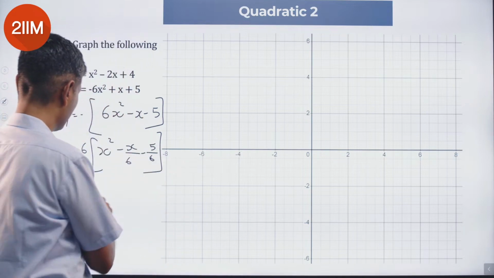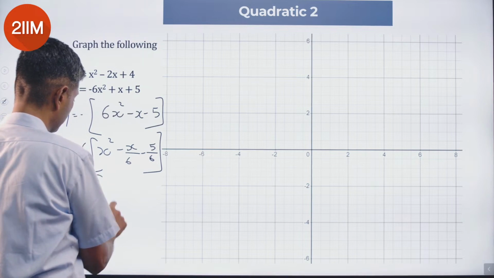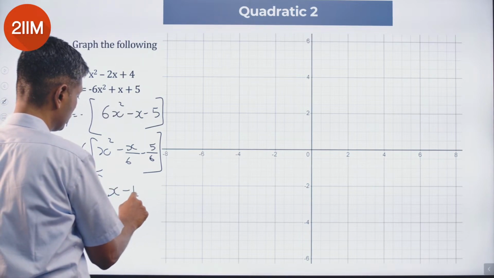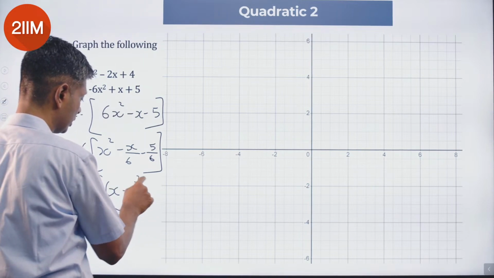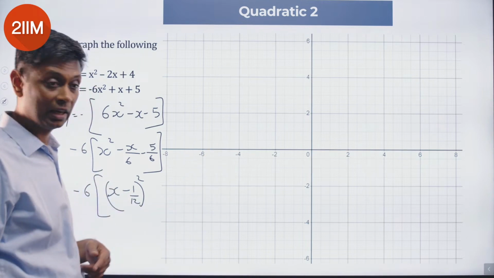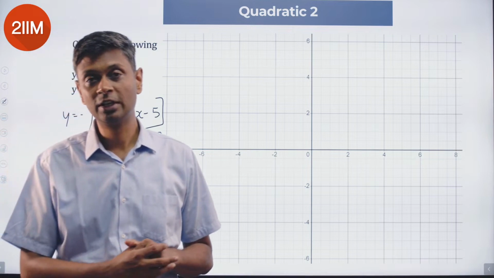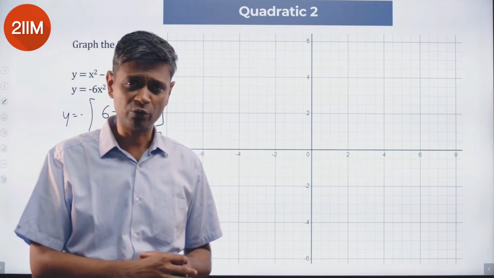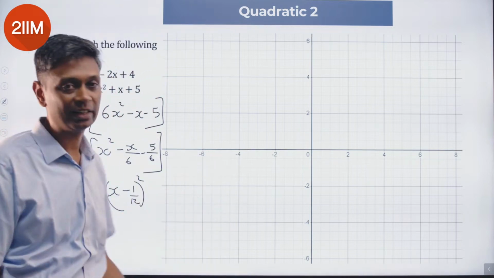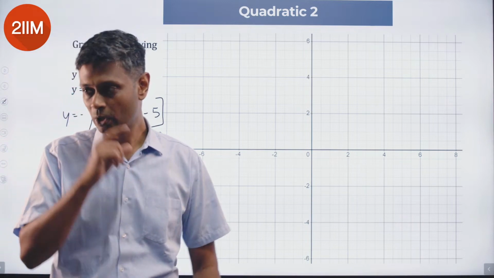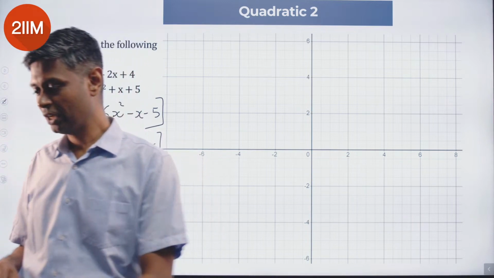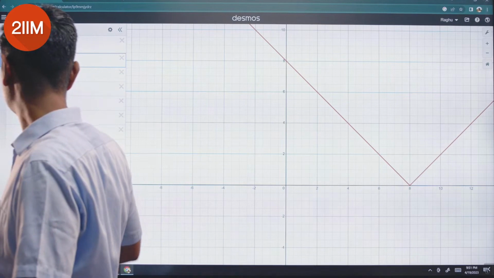You can imagine this as minus 6 times x minus 1 by 12 the whole square and a correction term. X minus 1 by 12 will have 1 by 144 with it, and then a minus 1 by 144 with it, and then I simplify it and reimagine it. And so I'm not going to do the whole process. Instead of that, I'm going to make my life simpler.